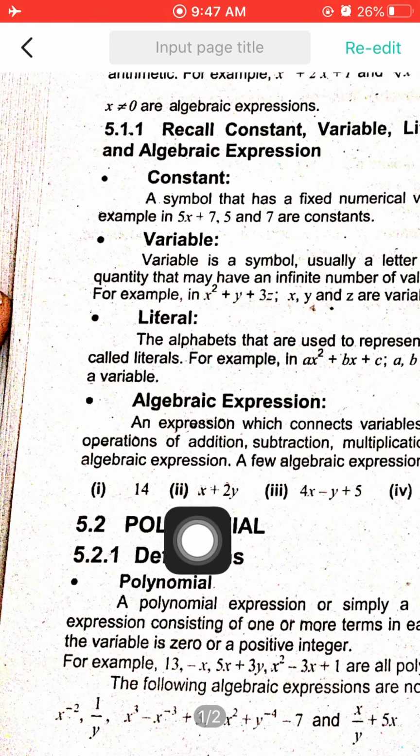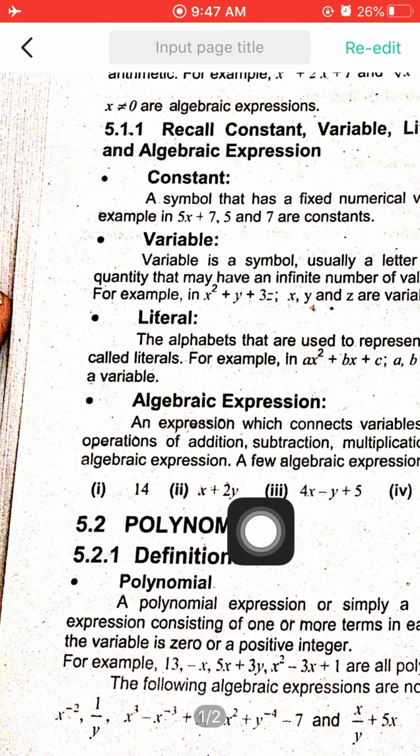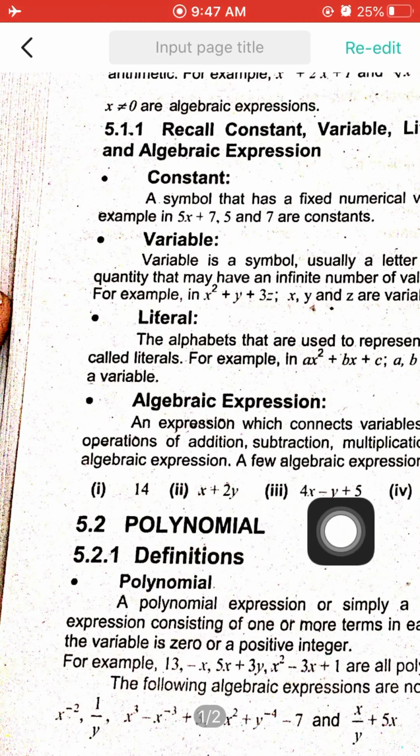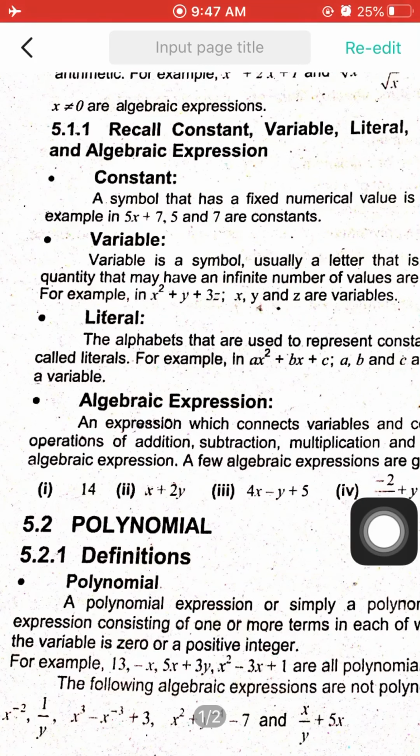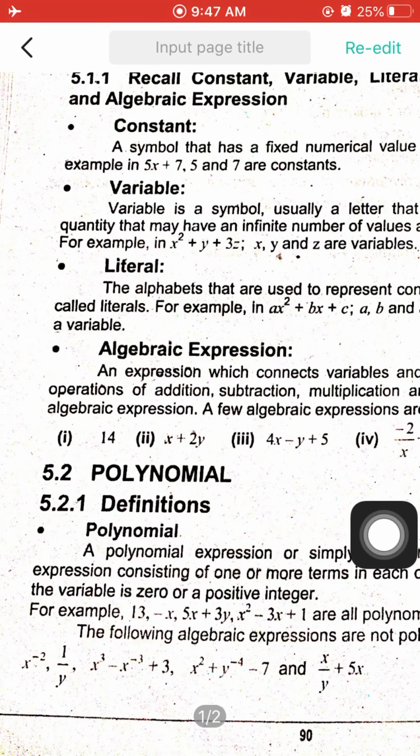For example, x plus 2y. In this example, x and y are variables, 2 is a constant. Constant and variable are connected by the operation of addition.